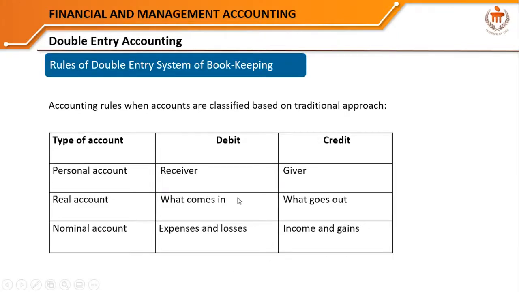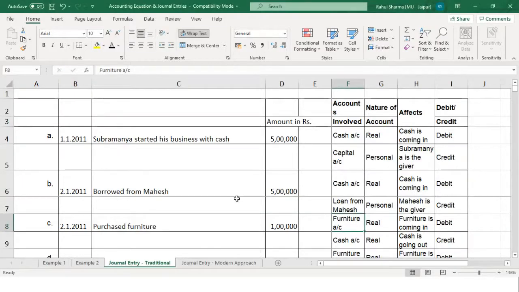We said all asset accounts are real accounts. So two accounts are involved, furniture and cash, and they both are real because the definition of real account says that all assets fall into the category of real accounts.